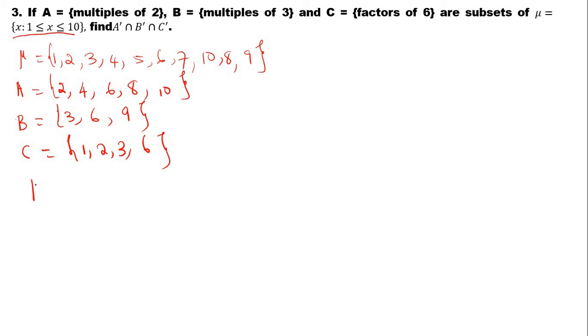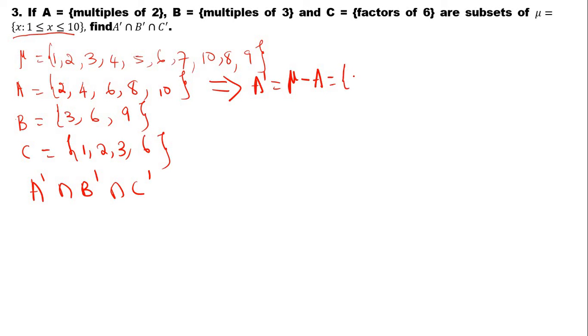Now we have to find A prime intersection B prime intersection C prime, meaning that we need to find A prime, which is the universal set minus A. So let's put down the universal set and then take A out of it.